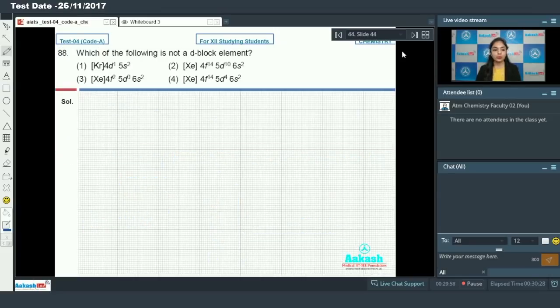Moving on to the next one, now we have question number 88, which says which of the following is not a d block element. ठीक है, अगर हम first configuration को देखते हैं, it represents a d block element, that is yttrium, and the second option represents the d block element, that is mercury, and the third option represents the electronic configuration of cerium, which is an f block element.